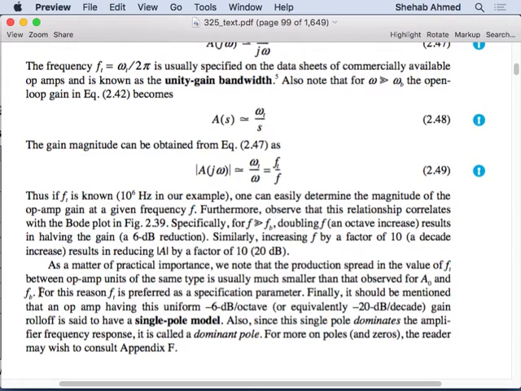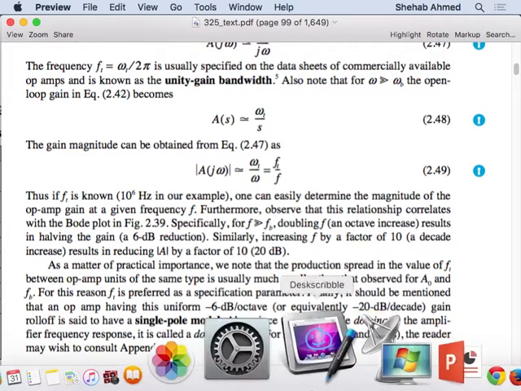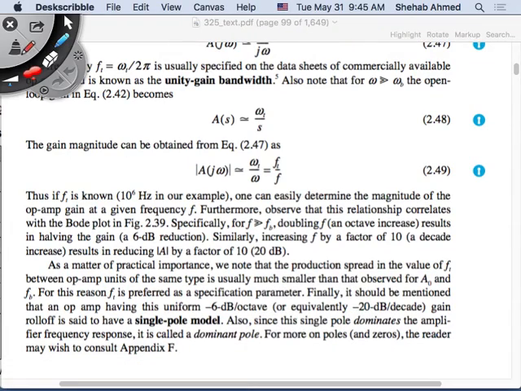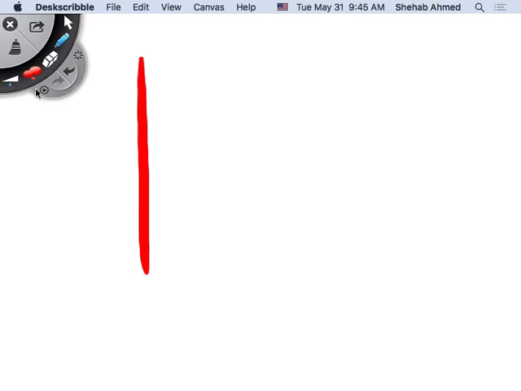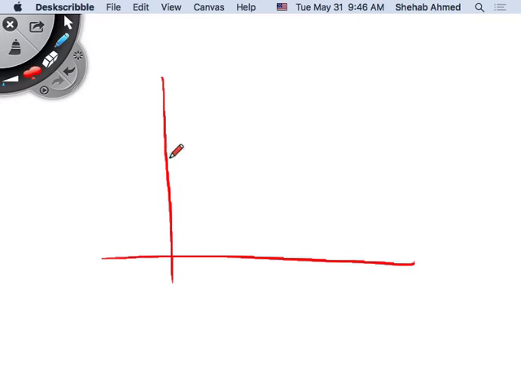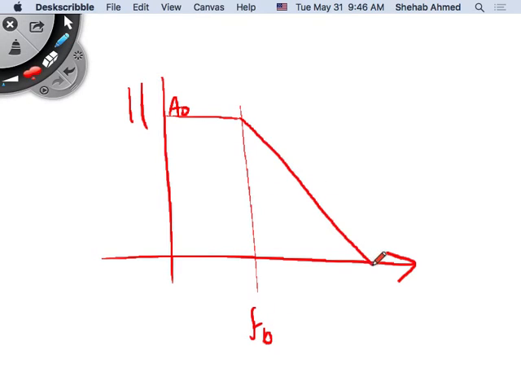So you will have 3 main parameters: A0, FB, and FT. Your curve, your magnitude plot versus frequency, is defined by A0, which is the DC gain, and the break frequency, which is FB, and your unity gain bandwidth, which is FT. These are the 3 things that define the op-amp's gain characteristic.